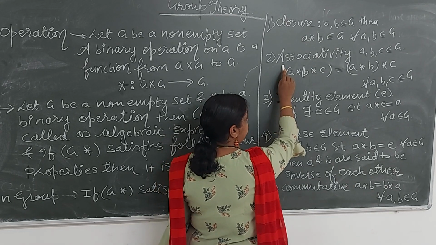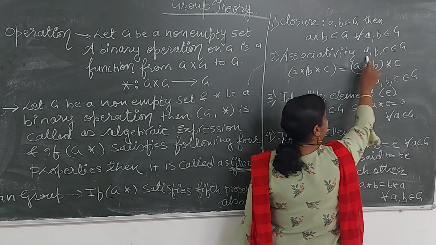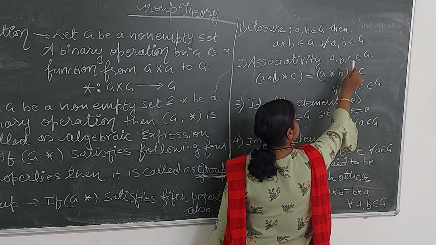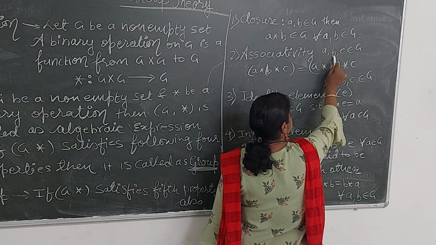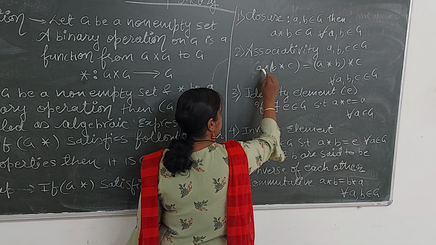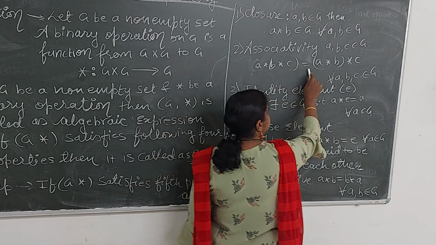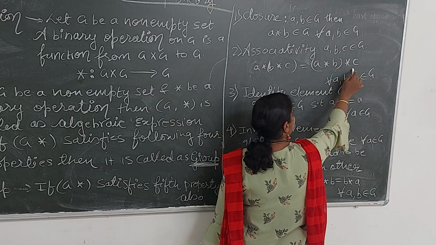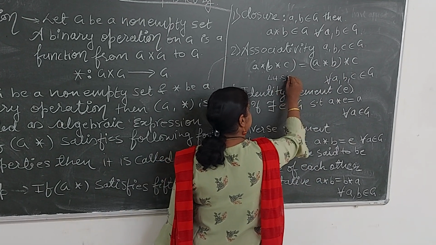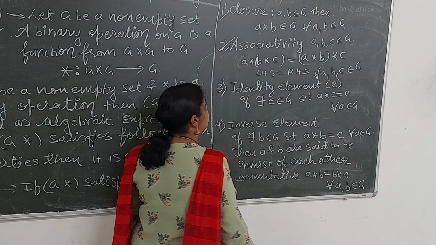Second is associativity. For the associative property, I require three members of the set G: A, B, C. Now, if I do the binary operation, A star B star C, that is, A star B first and then star C, and in this case left hand side is equal to right hand side, then I say that the associative property is satisfied.